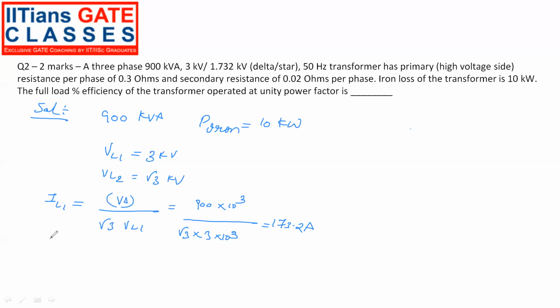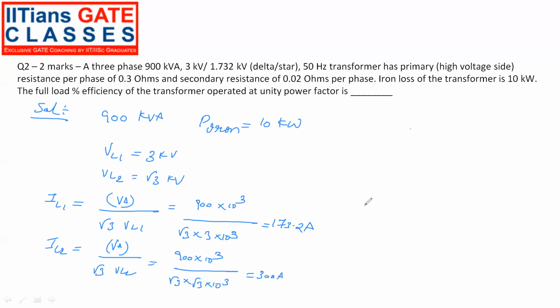Similarly, the line current on the secondary side can be given as VA by root 3 VL2. So this gives us 900 into 10 cube by root 3 into root 3 into 10 cube. So that is 300 amps.